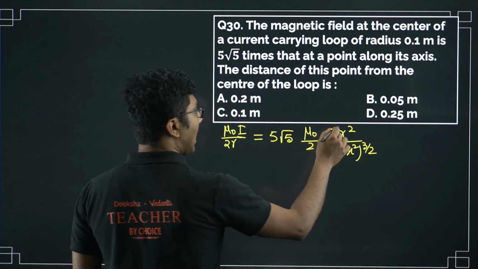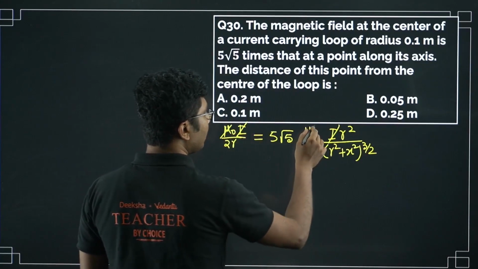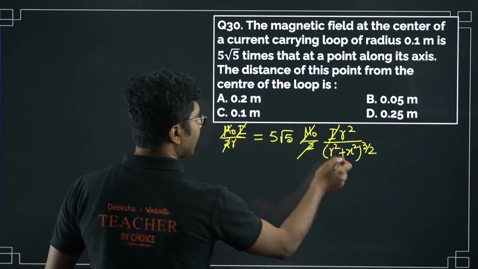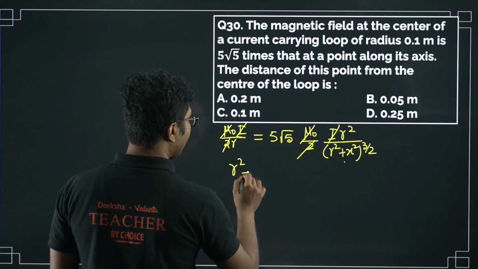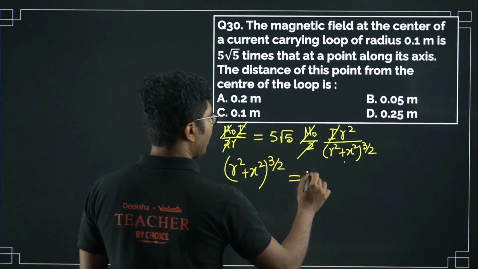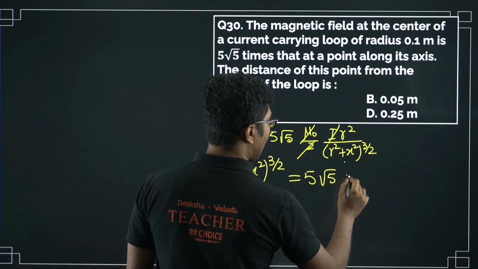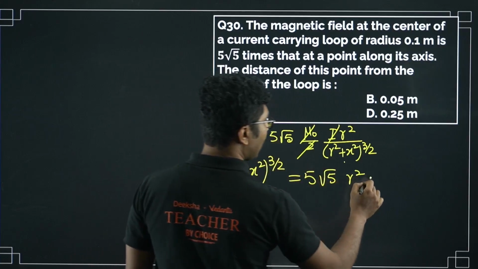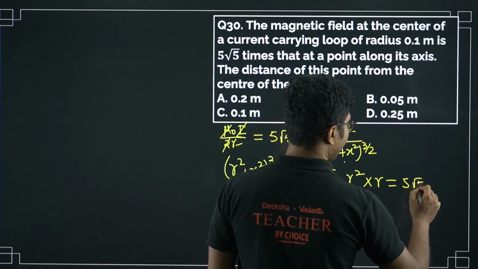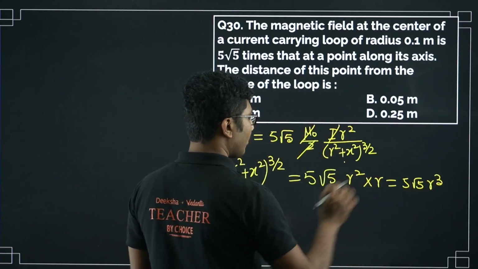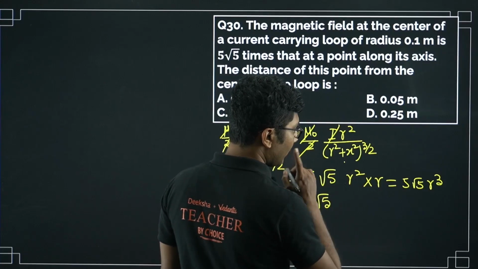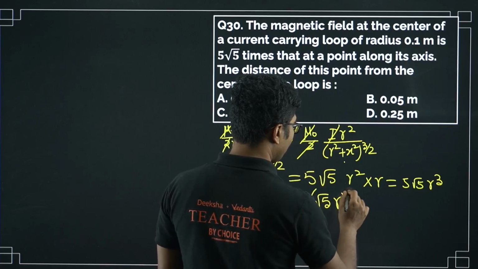So here I cancels, mu naught cancels, these two cancel. So what we get, we take it to this side: r square plus x square to the power 3 by 2 equals 5 root 5 r square, and this r multiplied into r, so it will be 5 root 5 r cube, or what we can write on this side as root 5 r whole cube.